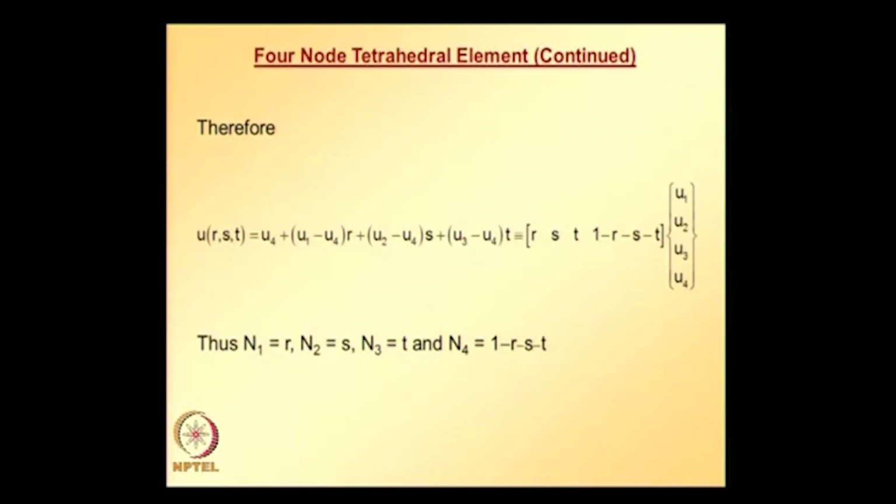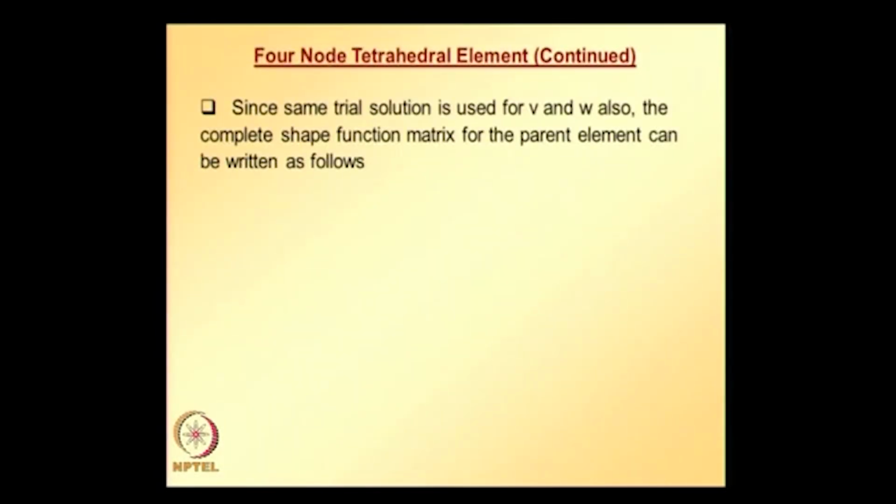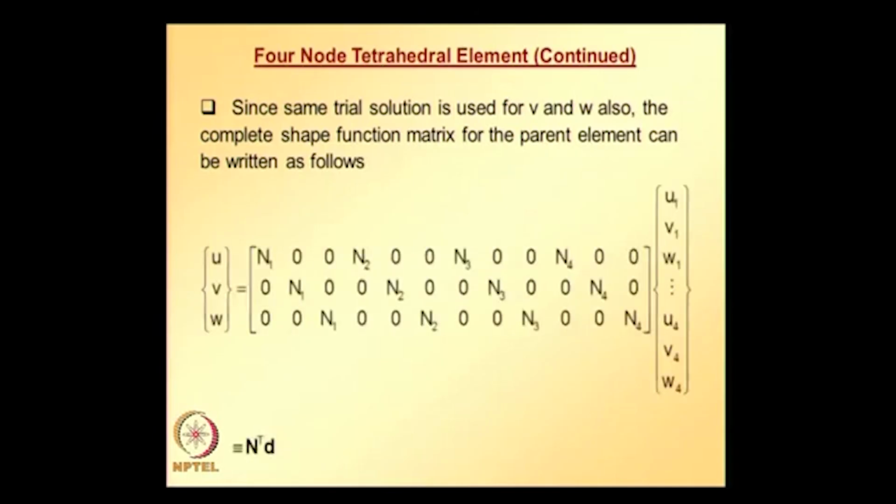So, we can also solve starting with v and w, since the same trial solution is used for u, v and w. Also the complete shape function matrix for the parent element can be written as follows: u expressed in terms of finite element shape functions, v in terms of finite element shape functions, w expressed in terms of finite element shape functions.